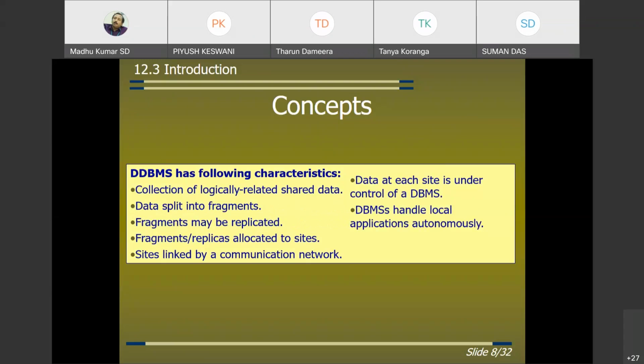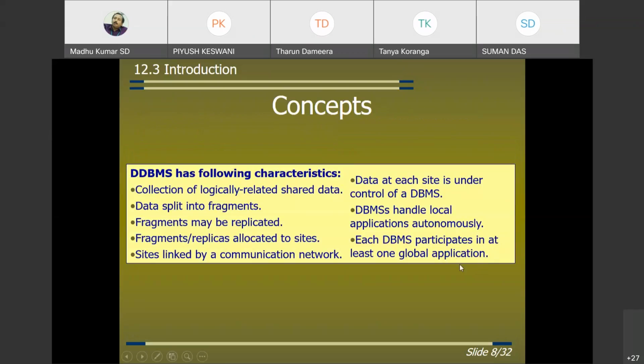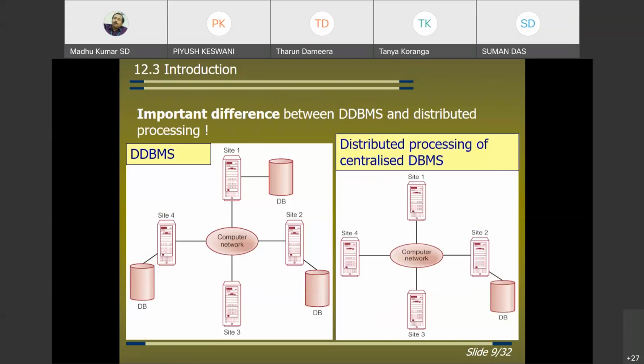So DBMSs handle local applications autonomously. Each DBMS participates in at least one global application. So every DBMS in the DDBMS will be part of at least one global application. Unless you have a global application connecting all these replicas, it is of no use.